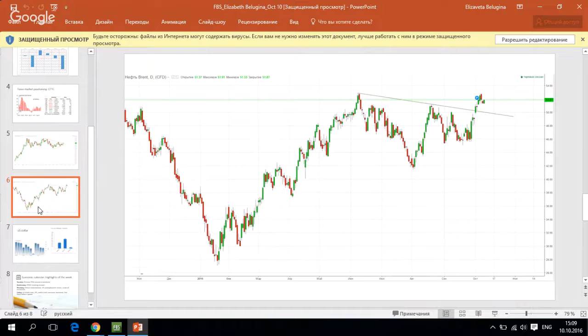But this factor of better commodities is now fighting with the expectations of the Federal Reserve's interest rate hike in December, which is on the contrary a negative factor for commodity currencies, and that's why we don't see these bullish moves in the Australian or Canadian dollar.